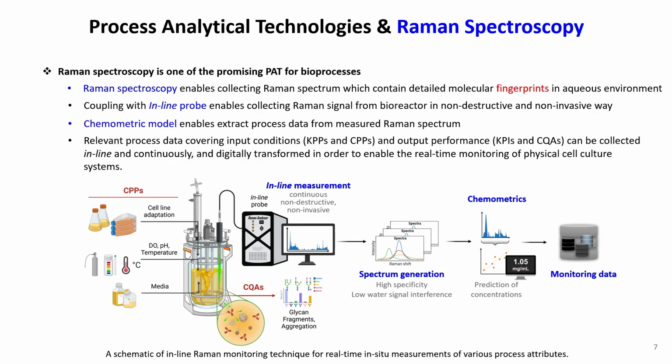And also, a chemometric model enables extracting process data from the measured Raman spectrum. Overall, by combining Raman spectroscopy with an inline probe and chemometric model, relevant process data covering input conditions and output performance can be collected continuously and digitally transformed in order to enable real-time monitoring of physical cell culture systems.